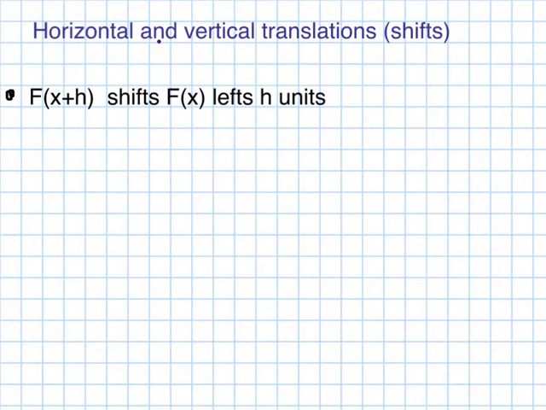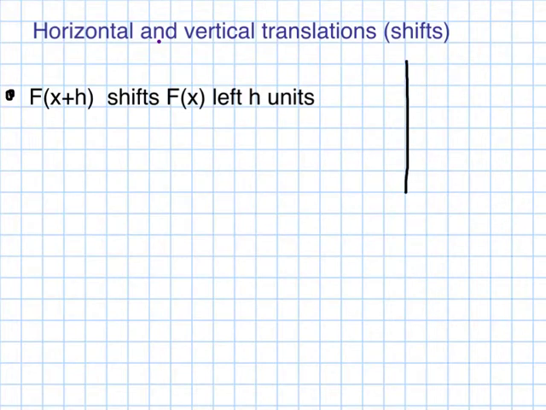Alright, so if I have f of x plus h, what that does is it shifts f of x left h units. Alright, so what that would look like is something where I have a graph.